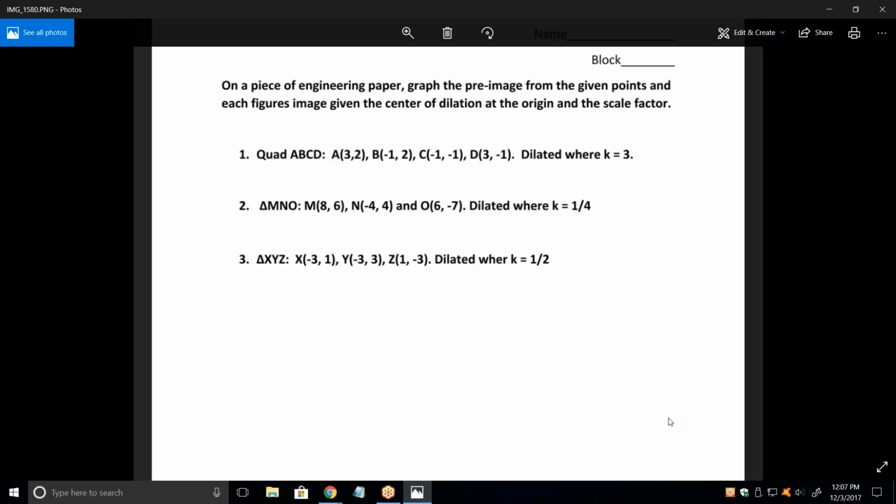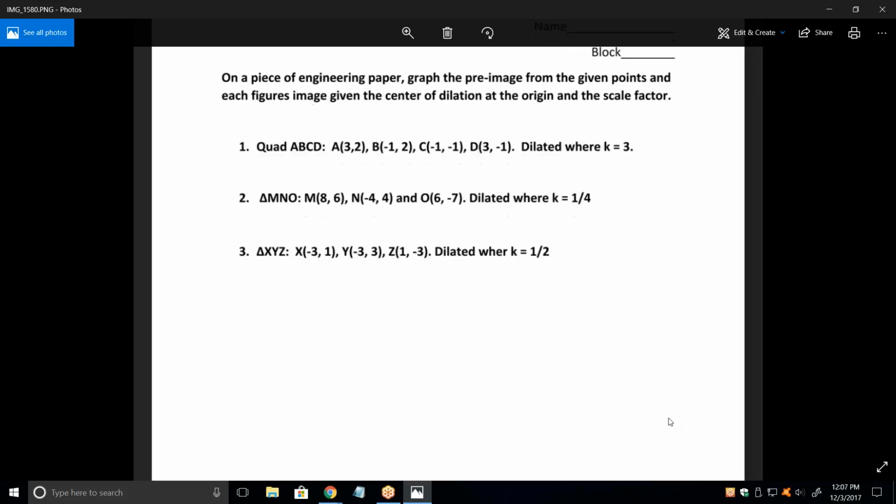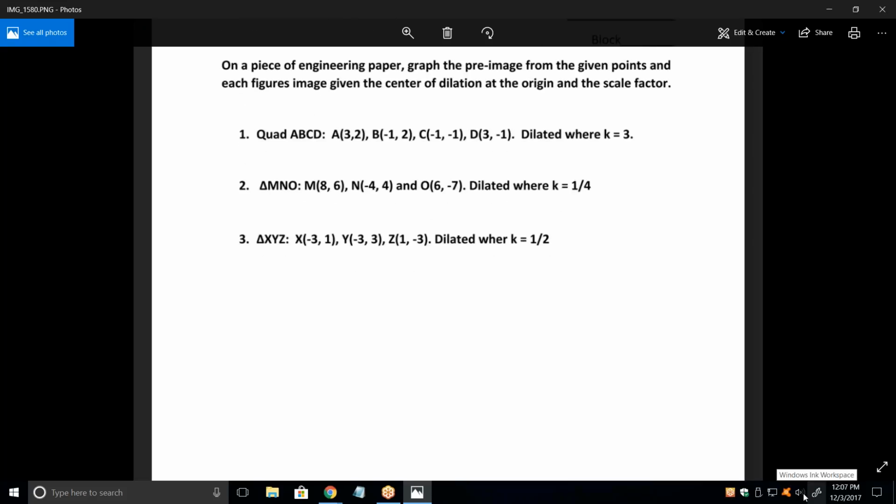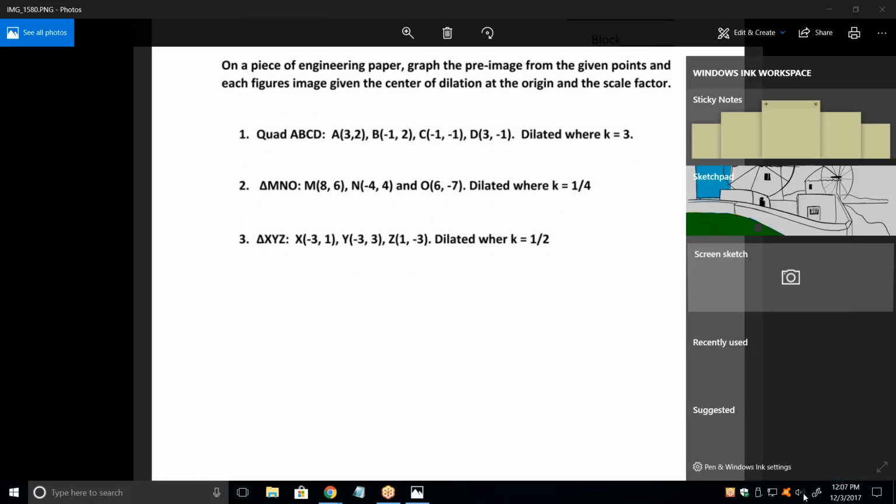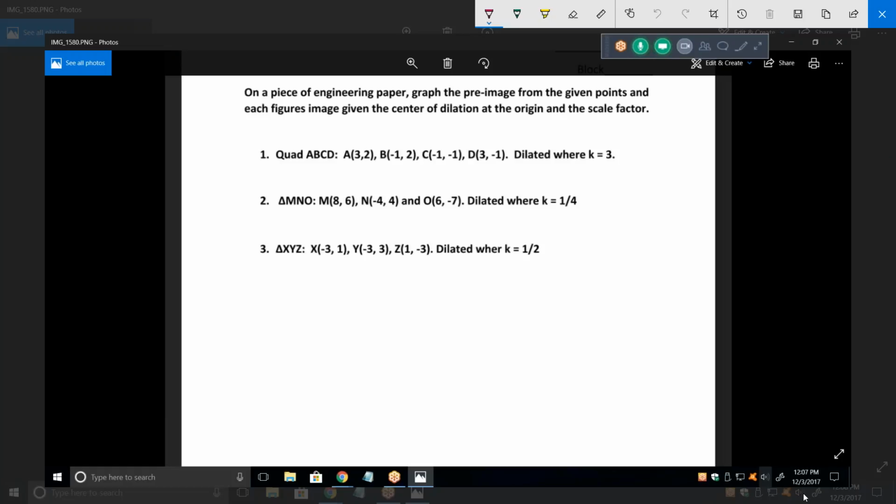So what they're giving you here is the after image. They want the pre-image coordinates, where k, the scale factor, is 3. So we don't even need to draw a picture here. Okay. What's the A?